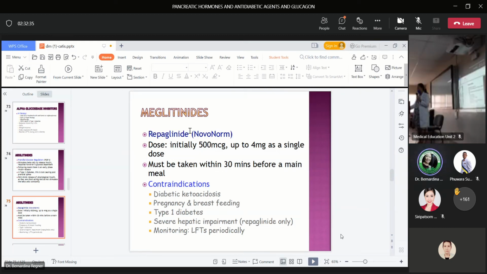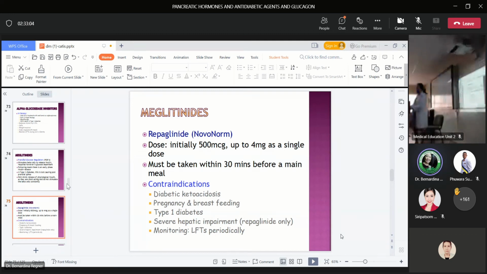This is initially 500 micrograms up to 4 milligrams as a single dose. Must be taken within 30 minutes before a meal. Contraindications: diabetic ketoacidosis, pregnancy and breastfeeding, type 1 diabetes, severe hepatic impairment, especially with repaglinide. Monitor them periodically.